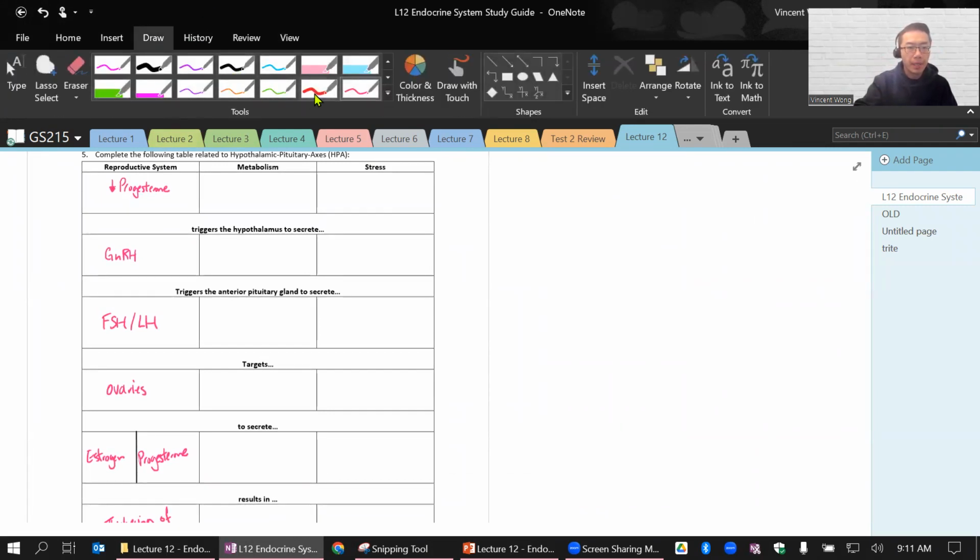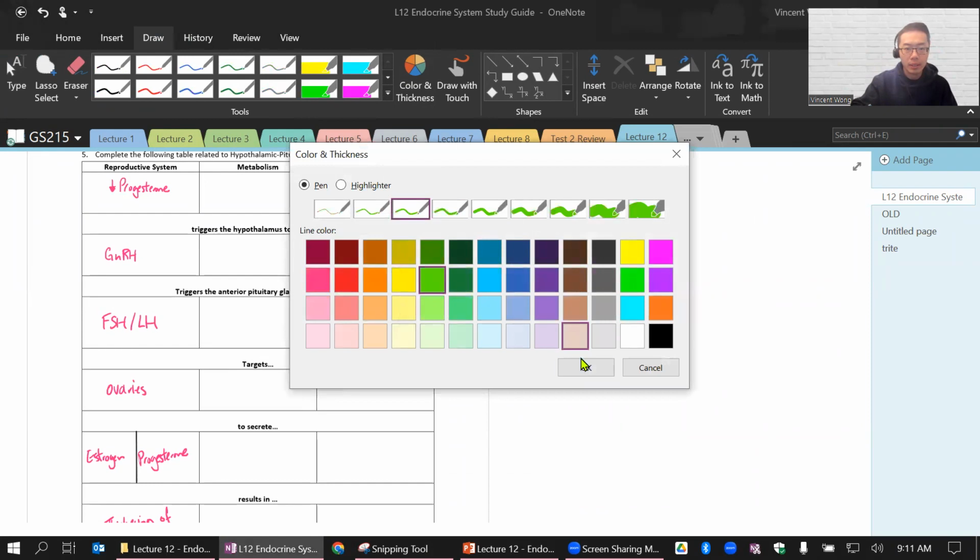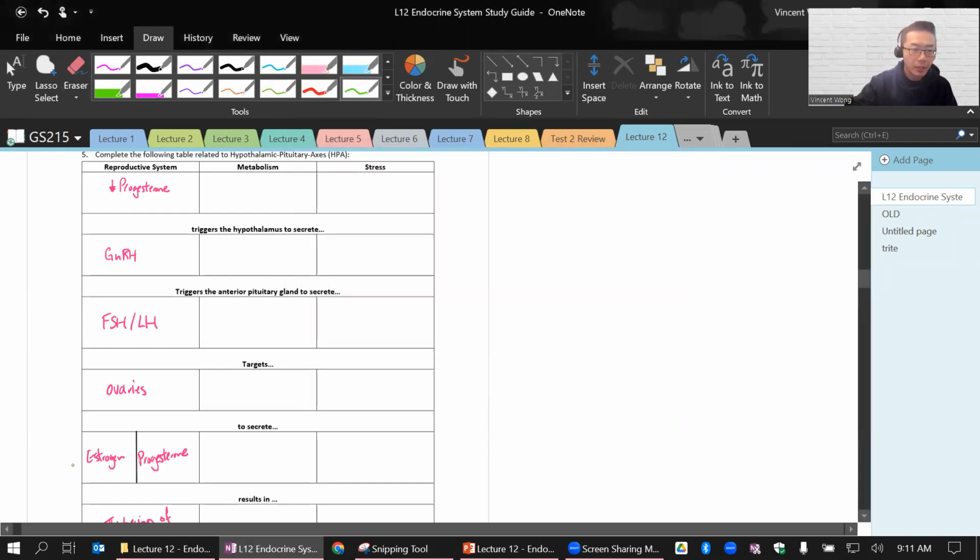So if you remember, the estrogen will go back to the hypothalamus, and it will also go back to the anterior pituitary gland, and it's going to have a positive feedback, right? It's going to encourage the hypothalamus and AP to release more of these hormones.